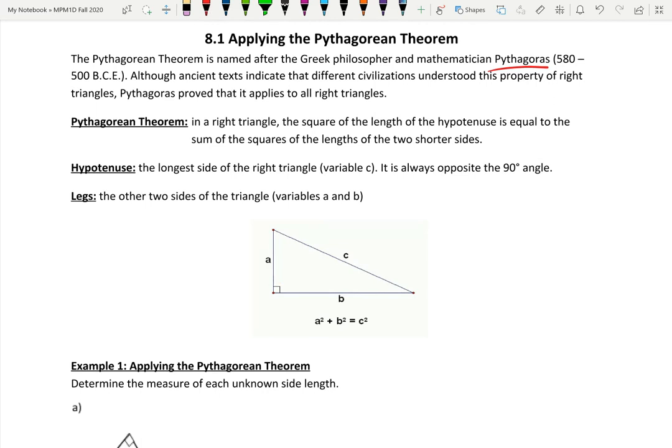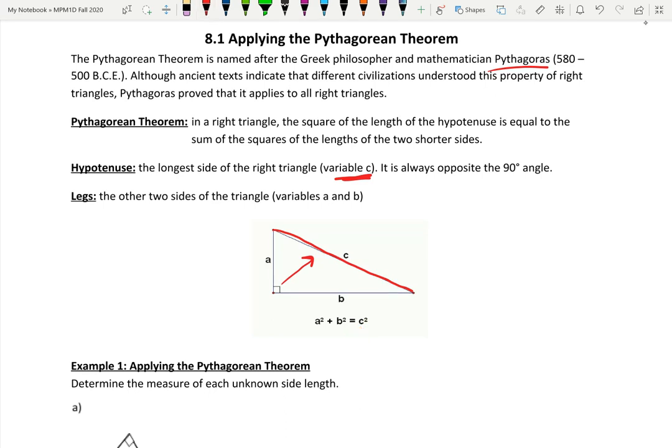So our hypotenuse is always opposite to the right angle and is always the longest side of our triangle. And we always use variable c to identify the hypotenuse. So in the formula, c is always representing the longest side.